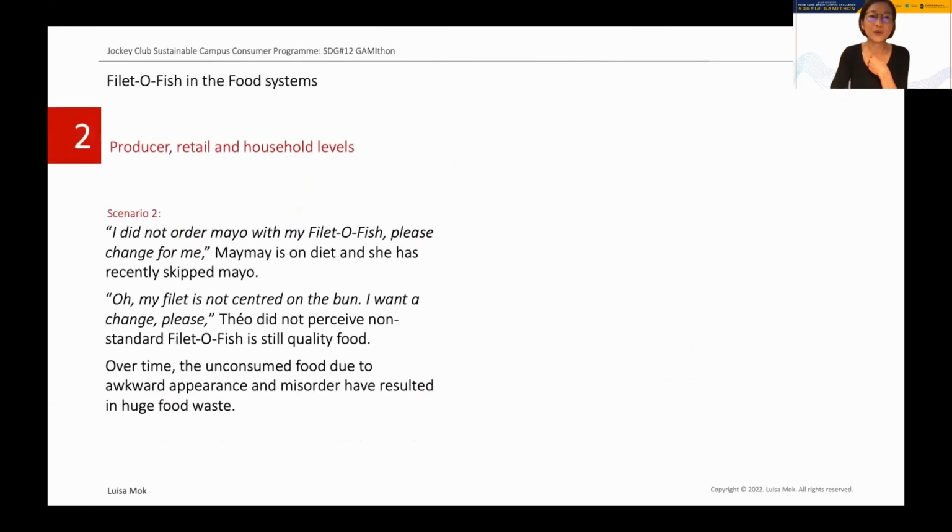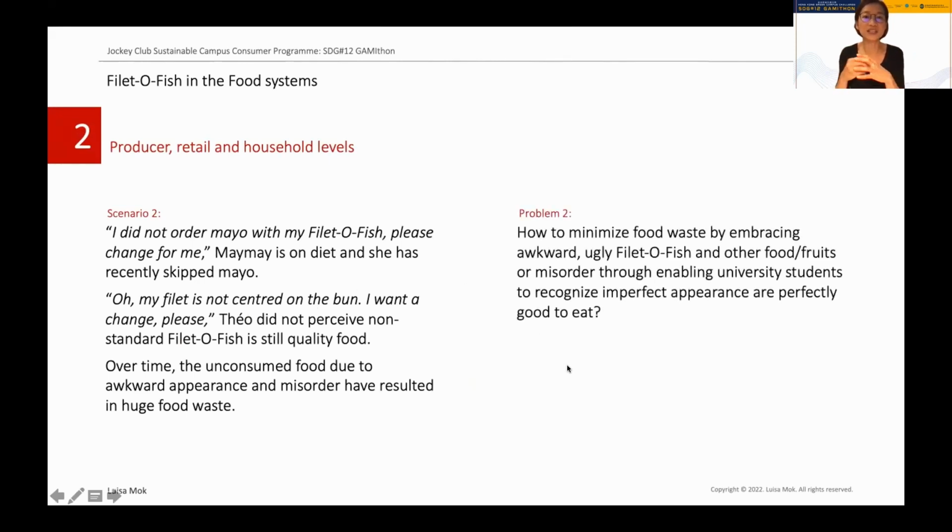Okay, so tackling this scenario, your mission is to solve how to minimize food waste by embracing awkward, ugly fillet of fish or other fruit through enabling university students to recognize that imperfect appearance is perfectly good to eat. So some tips for you.